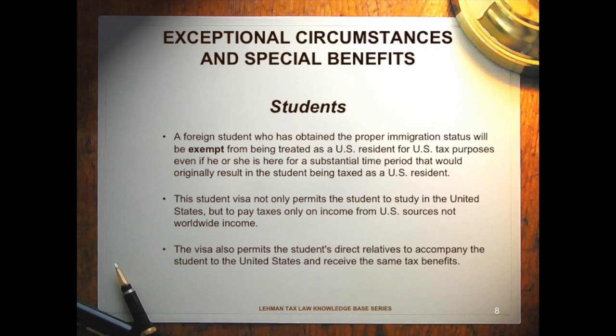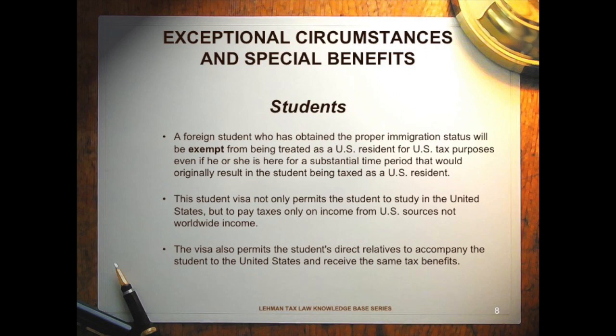They need to have a student visa, and with that student visa, for a period of 5 years, they can be here as long as they want, and students will not be taxed on their worldwide income. They will only be taxed if they earn any kind of income in the United States.